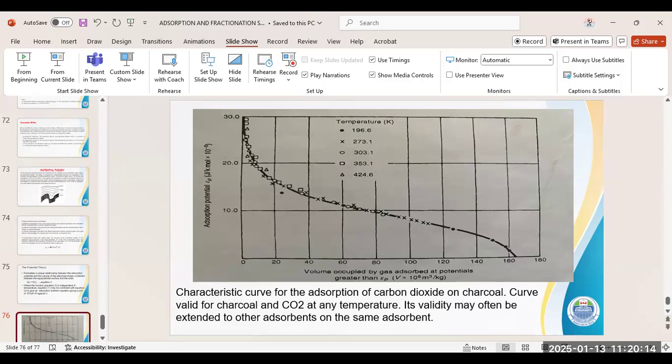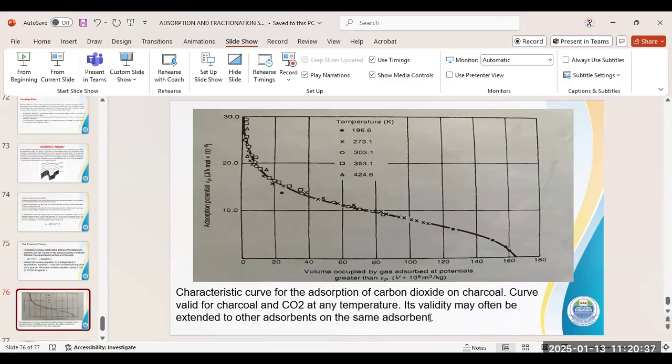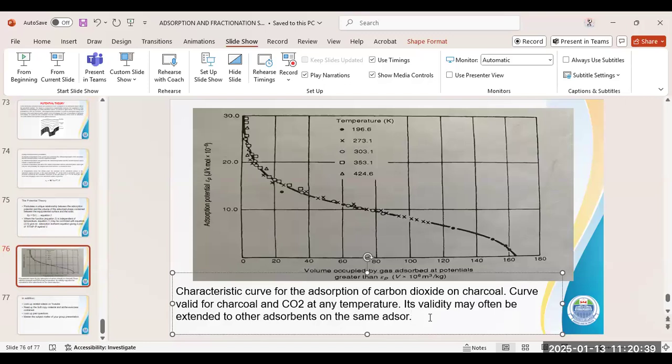Its validity may often also be extended to other adsorbents on the same profile. So this profile can be extended to other adsorbents. That's basically what this is about.